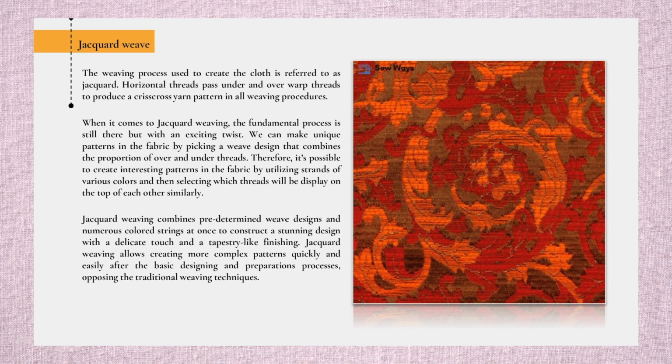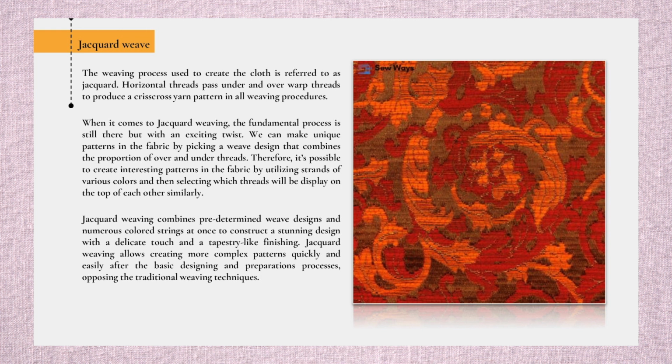Jacquard weave. The weaving process used to create the cloth is referred to as jacquard. Horizontal threads pass under and over warp threads to produce a crisscross yarn pattern in all weaving procedures. When it comes to jacquard weaving, the fundamental process is still there, but with an exciting twist. We can make unique patterns in the fabric by picking a weave design that combines the proportions of over and under threads.